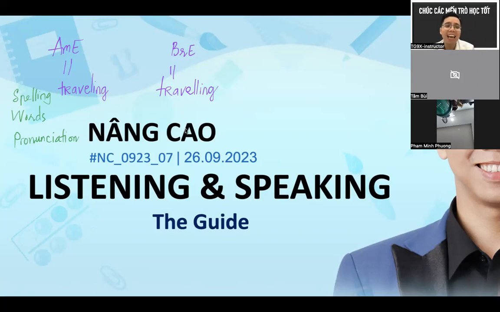So as you can see, some people write color without U. Others write color with U. And they are different in American English and British English. As you can see, British English seems to be longer.